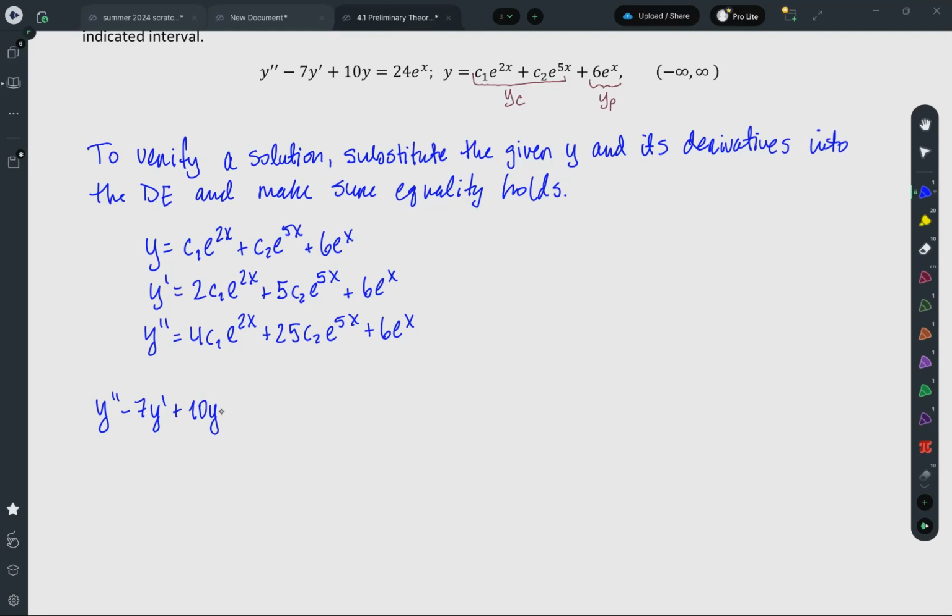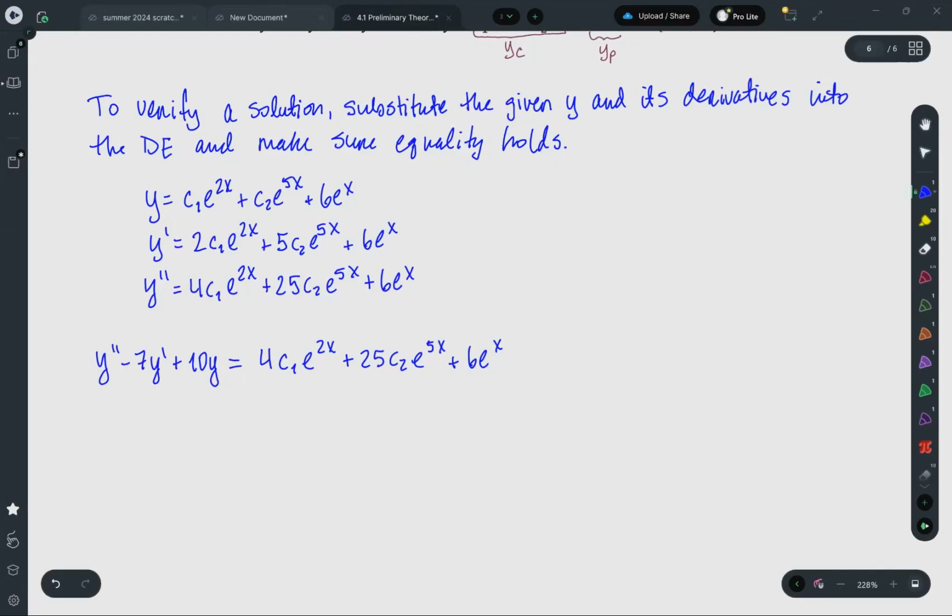I substitute these in probably quite different than you might think. So this is equal to, all right, I've got to plug in y double prime, so that's 4c1 e to the 2x plus 25c2 e to the 5x plus 6 e to the x. Then I'm supposed to do minus 7 times y prime. I write it directly below what I wrote for y double prime, and I distribute the minus 7 right away.